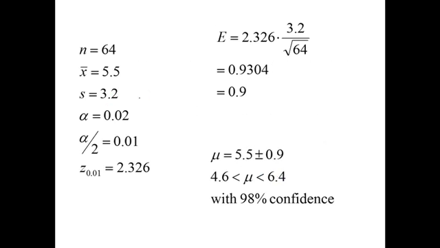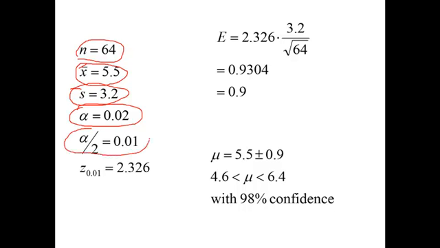Okay, so sample size of 64, average 5.5, sample standard deviation 3.2, 98% confidence means that alpha is equal to 0.02, 2%. Alpha over 2 is 0.01. Do the table lookup for z sub 0.01, it's 2.326. Okay, and feed the formula, our fudge factor times the standard error of the mean.